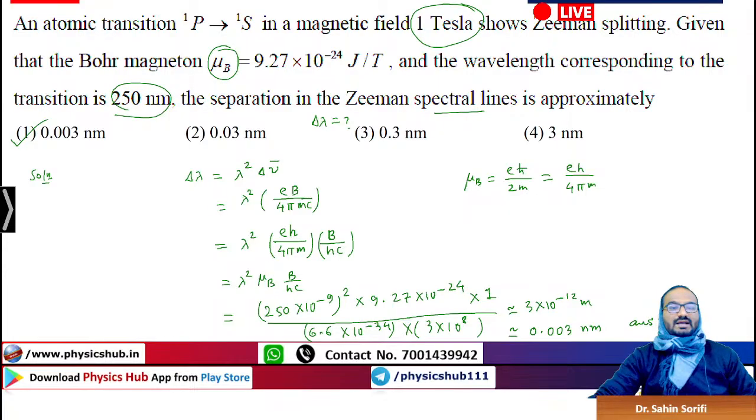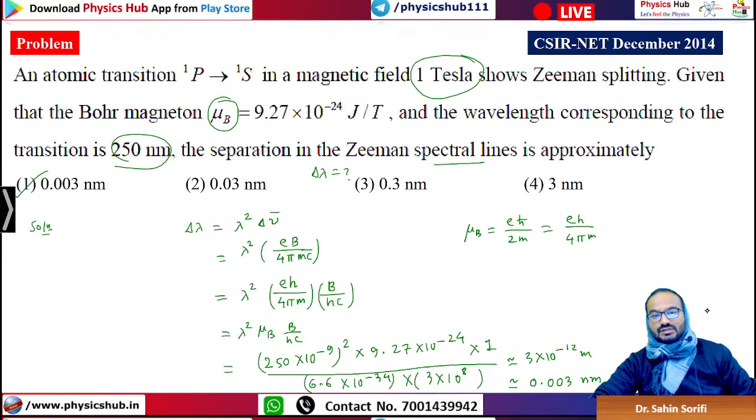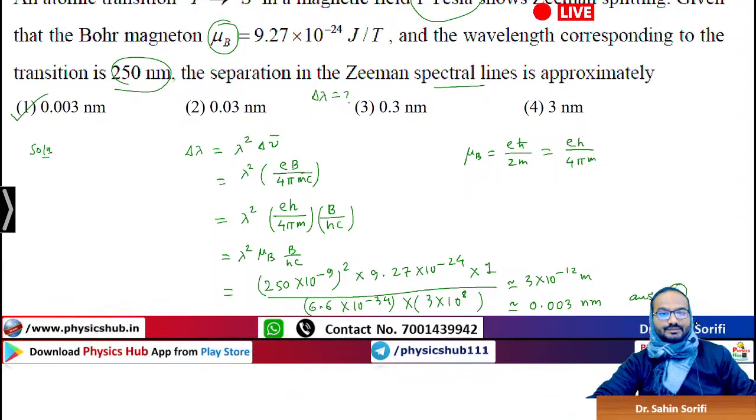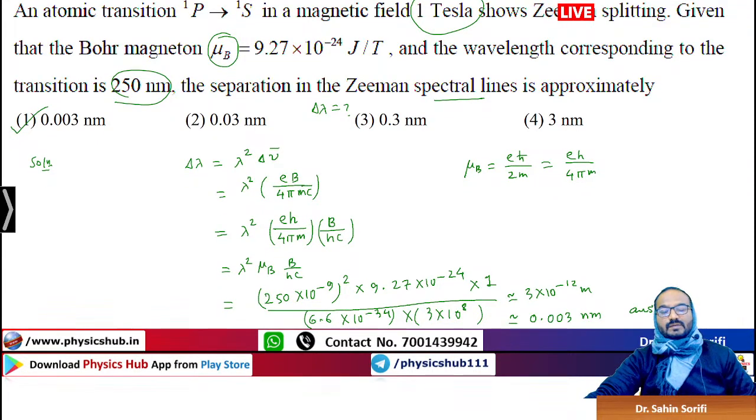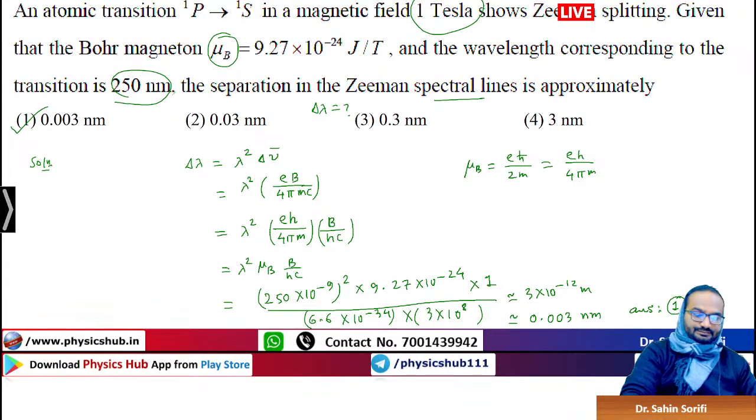Remember one thing, to crack CSIR-NET, even if you don't remember all the formulas, you can crack it. Because CSIR-NET does not test your memory, but it tests your analytical skill, how capable you are in analyzing problems. So don't think negatively if your memory is weak.